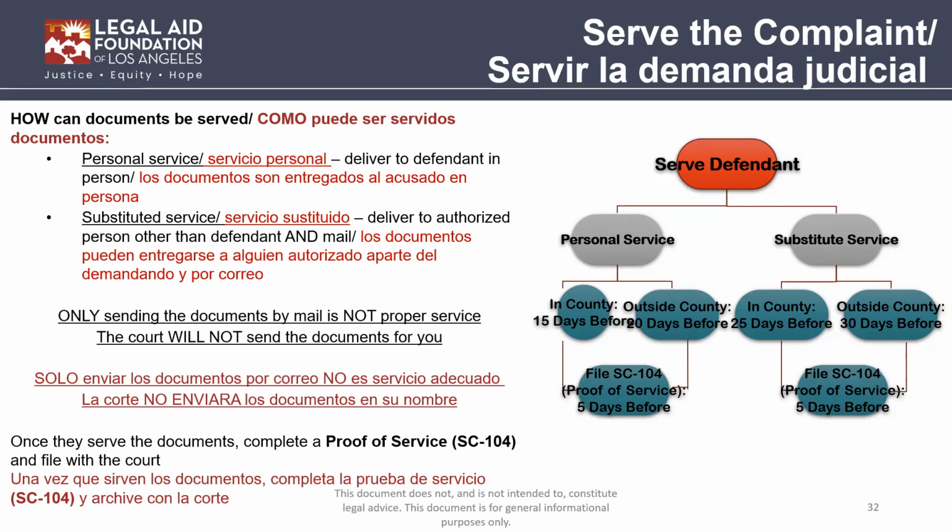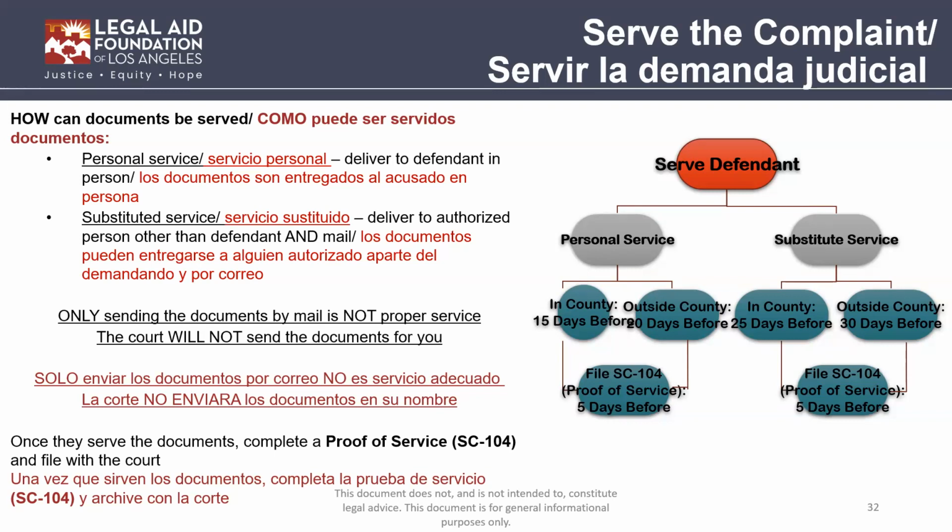You ask your friend to go deliver the documents to your former landlord. Your friend knocks on the door and the landlord's spouse answers the door. The spouse is an example of someone who is authorized to accept the documents on behalf of their partner.